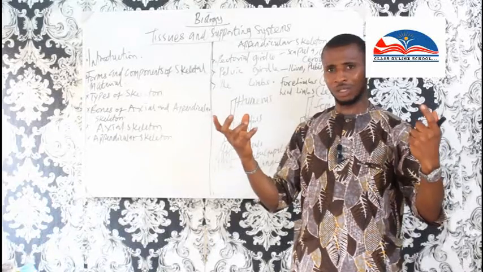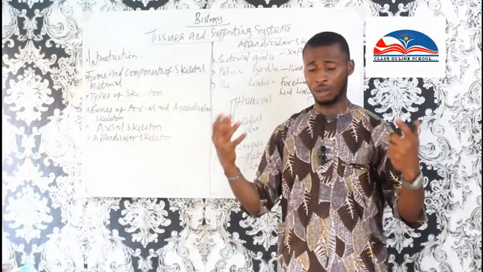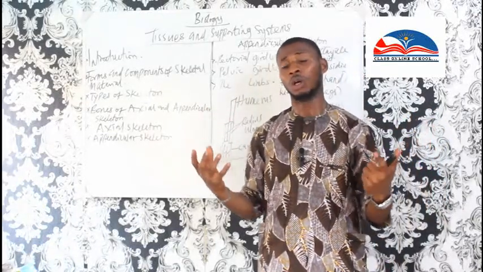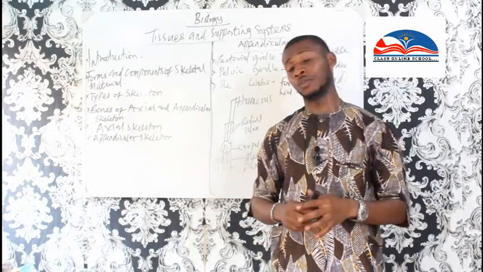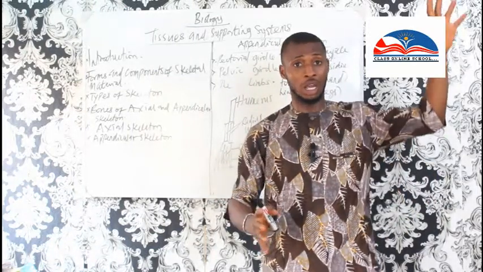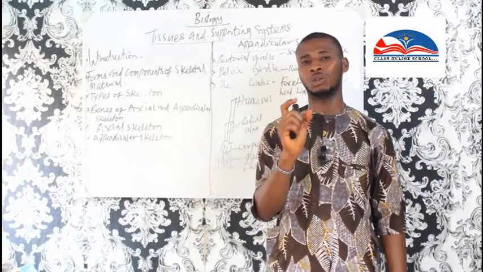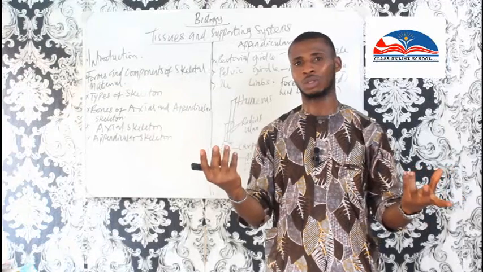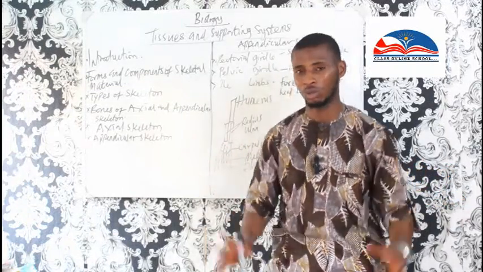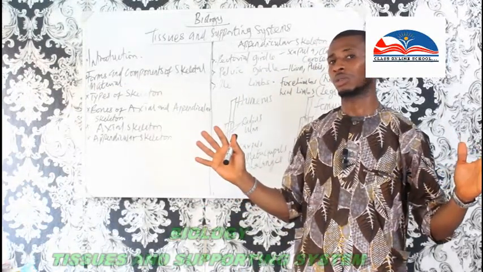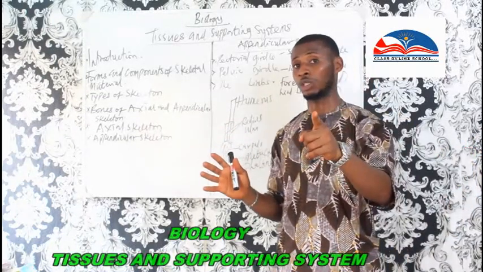Maybe I may have missed a few bones, but I believe that if you study the skeleton on this screen, you can identify all these bones. It's just the joint bones that I didn't talk about, because we didn't talk about the joints.